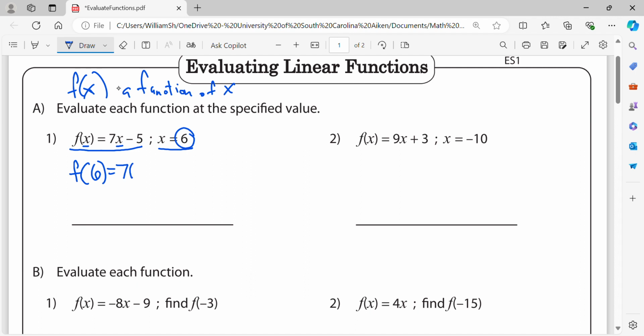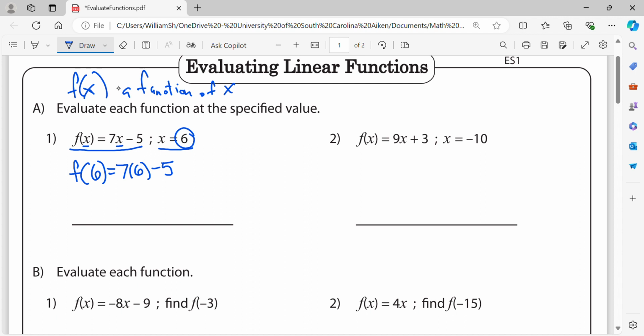I'm going to put the 6 in parentheses by this 7 to indicate that we're multiplying, because that is the operation we're doing there. Essentially, f of 6 equals 7 times 6 minus 5. We just plugged in a 6 for each of the x's in that function.